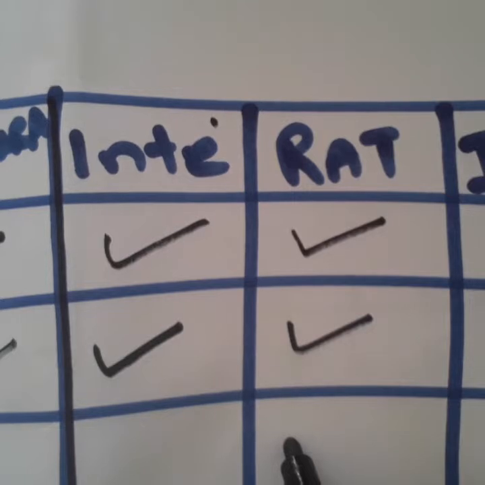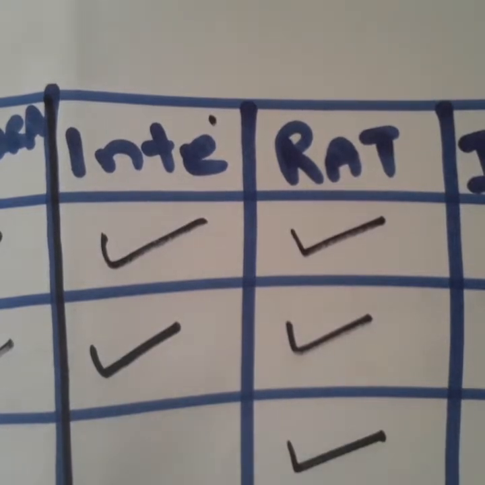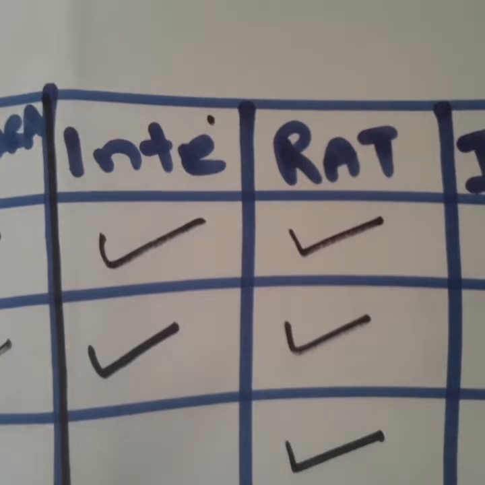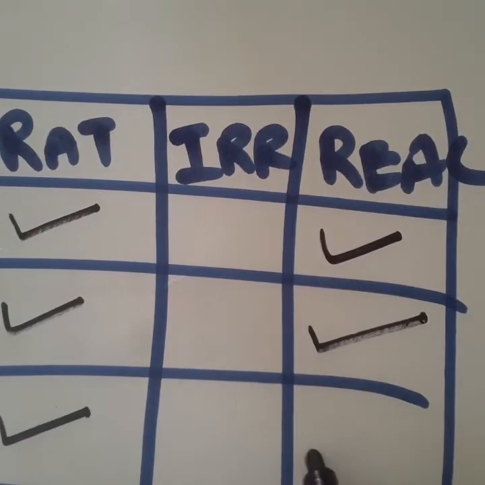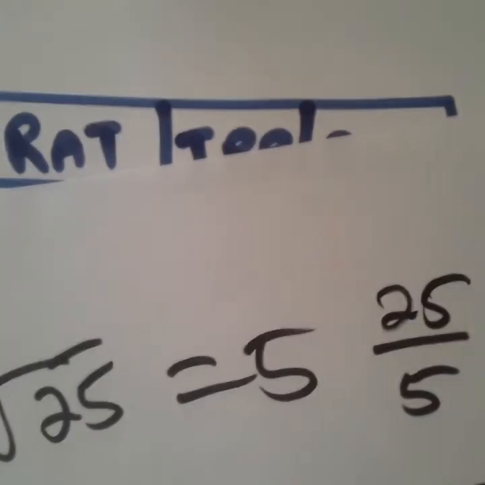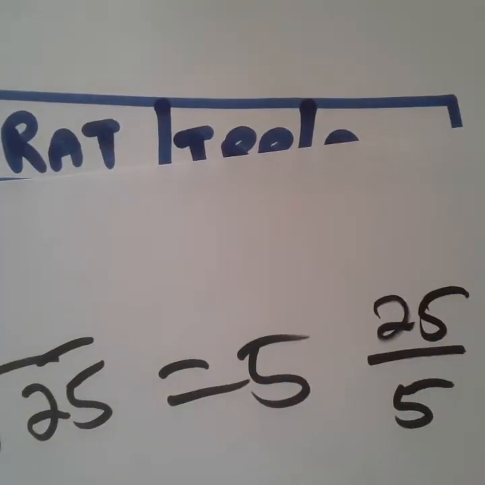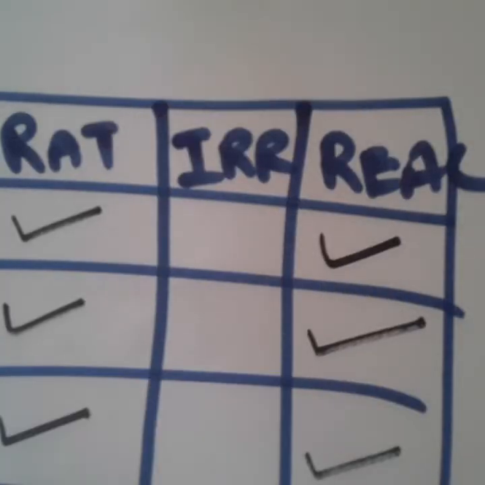Therefore, it is a rational number. And now let's see irrational numbers. It cannot be irrational if it's rational. Okay, real numbers. It's real because it can appear on the number line. Real numbers are negative integers and positive integers with decimal numbers included. So this one is a real number.